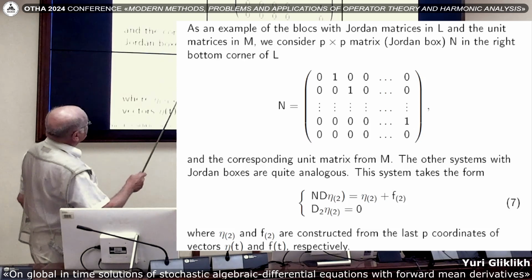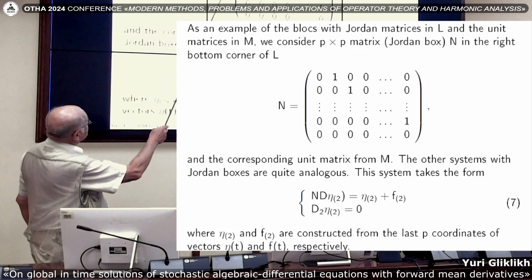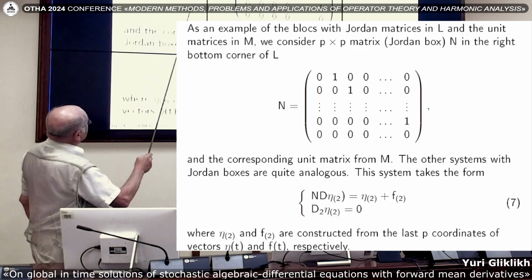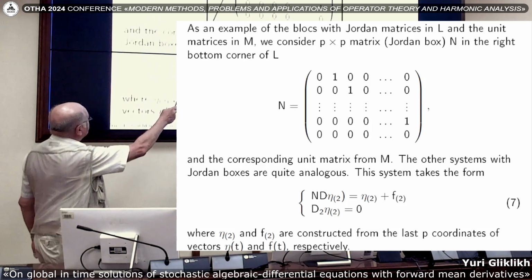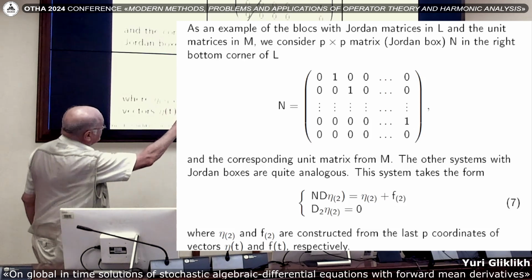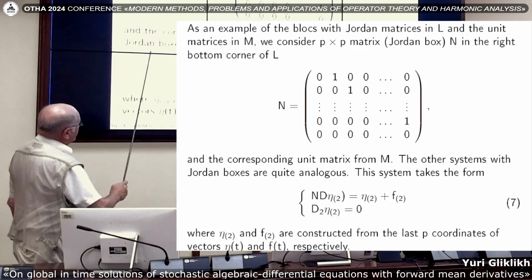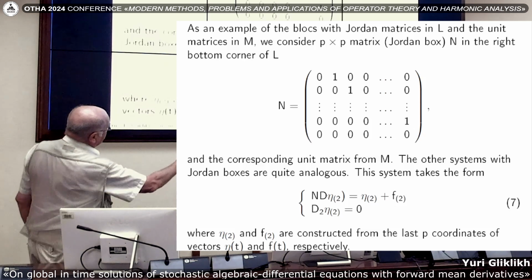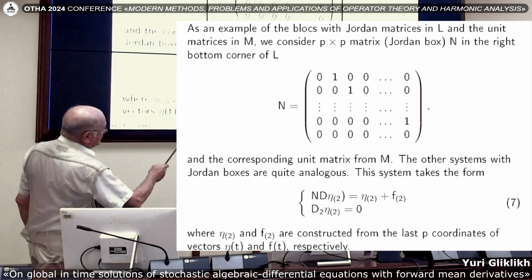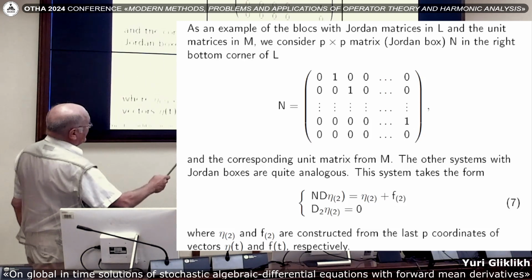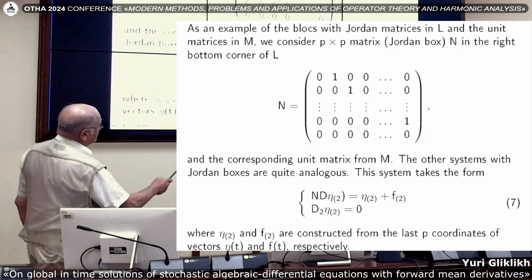Now we have an example of the blocks with Jordan matrices in L and the unit matrices in M. We consider a P by P matrix, a Jordan box, in the following form, and the corresponding unit matrix from M. Then the other systems with Jordan boxes are quite analogous. This system takes the form.